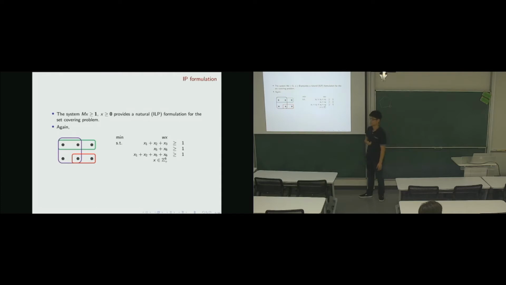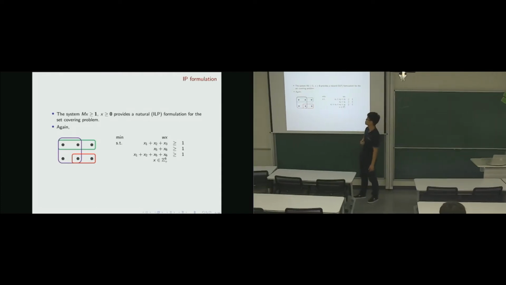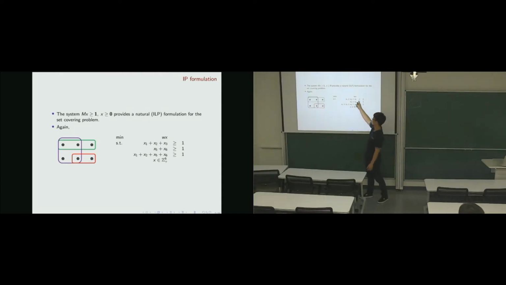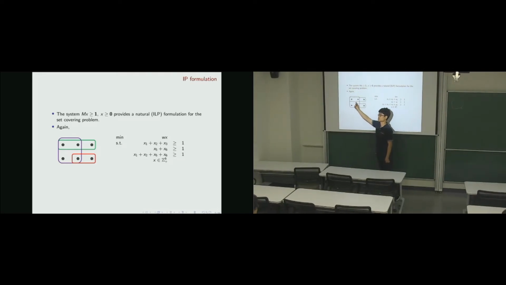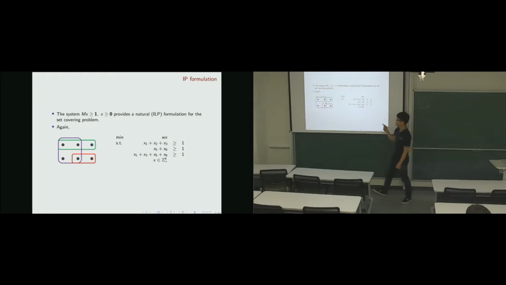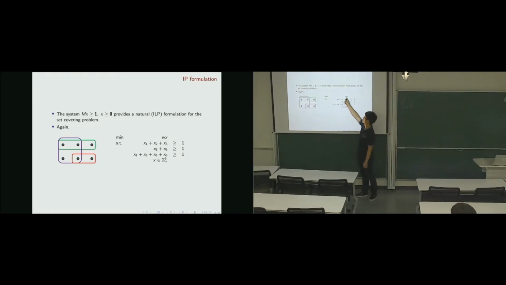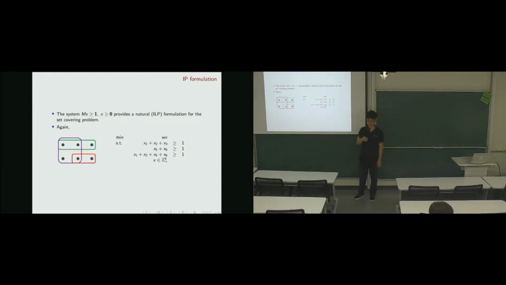In this situation, if you look at this inequality, this just guarantees that you have to pick at least one element from this set, so that this set can be covered. And then among those, you want to find something that's minimizing this linear objective. You want to find a minimum weight cover.